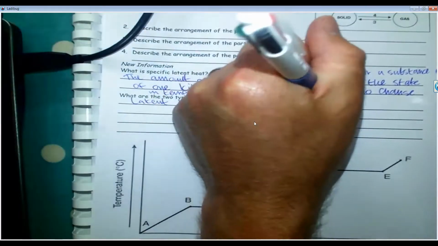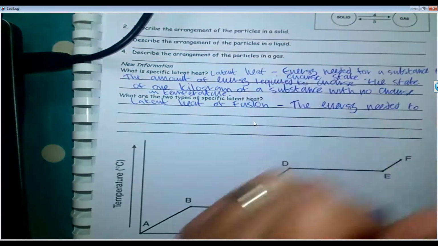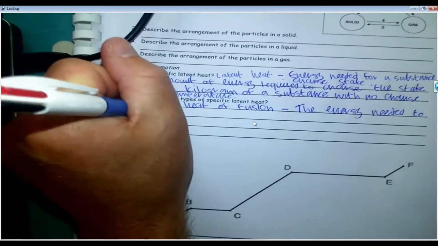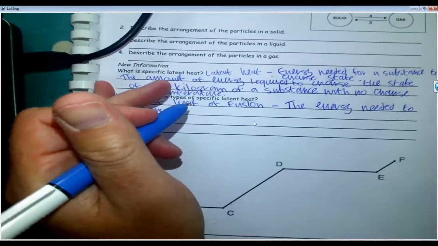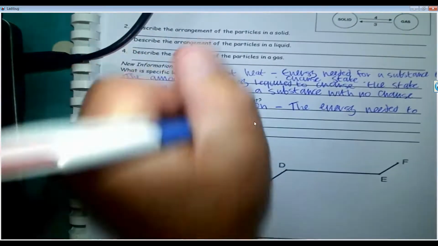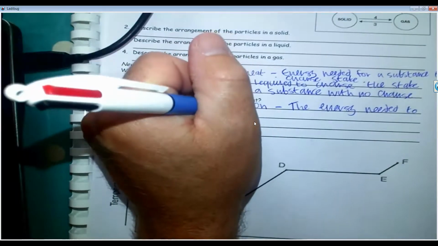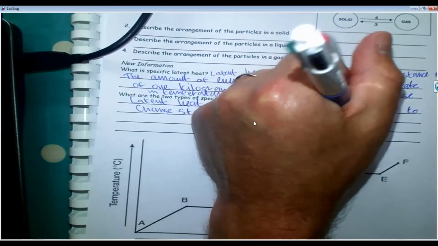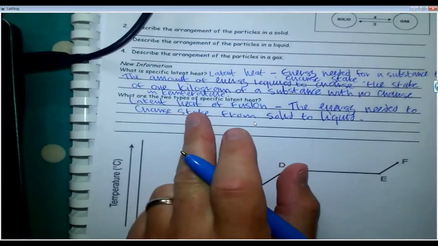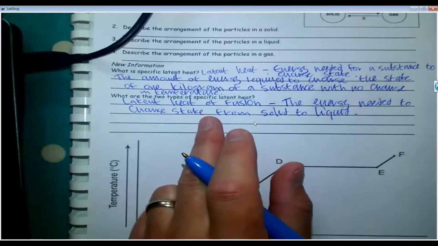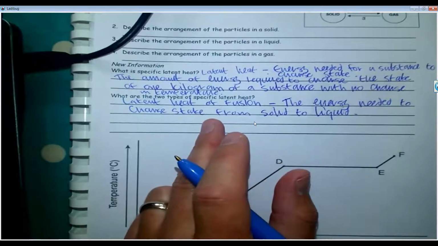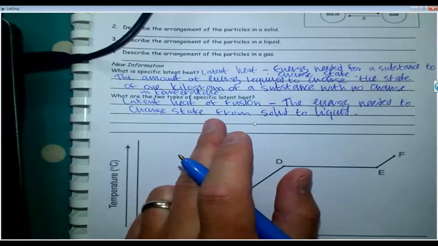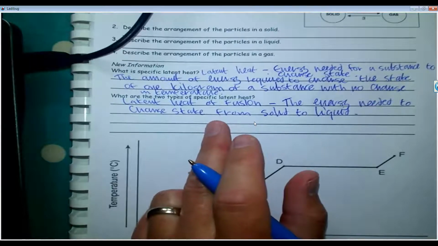So this is the energy needed to change state from solid to liquid. So latent heat of fusion is the energy needed to change state from solid to liquid. So for a particular substance, how much energy it takes to make it change from solid to liquid.